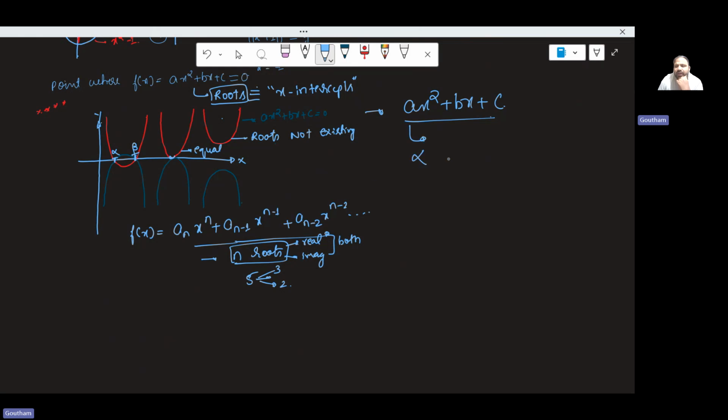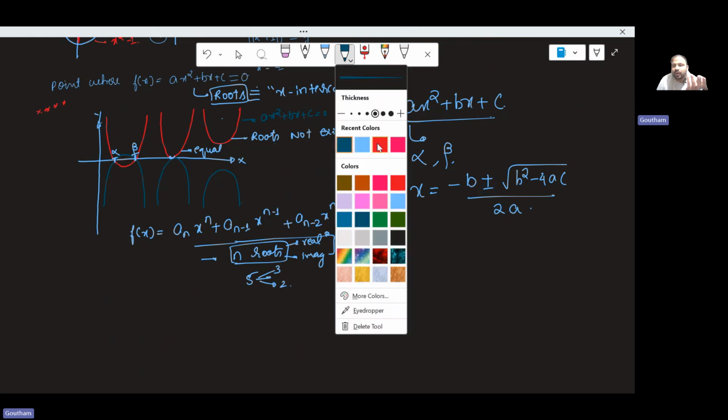Say let alpha and beta be the two roots. The famous formula you are familiar with: x is equal to minus b plus or minus root of b square minus 4ac, divided by 2a. The plus constitutes one of the roots and the minus constitutes the other root. So accordingly, there are two roots.